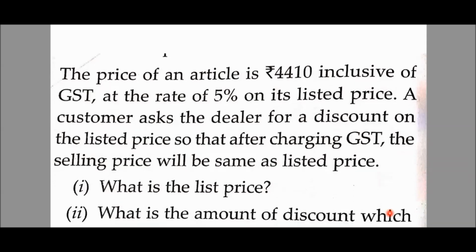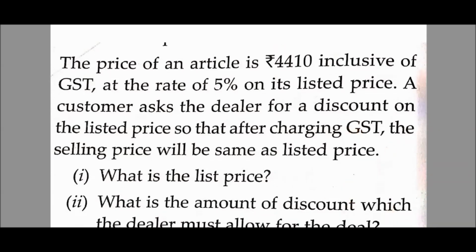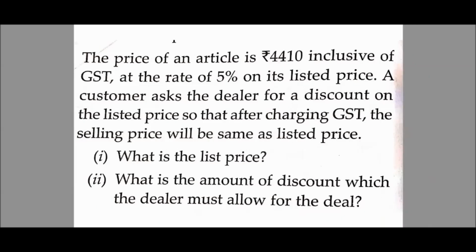All of you look at the screen. This is a very interesting question, students, and I'll say we all follow this logic whenever we go for shopping. The price of an article is rupees 4,410 inclusive of GST at the rate of 5% on its listed price.